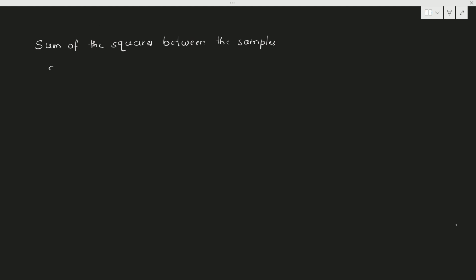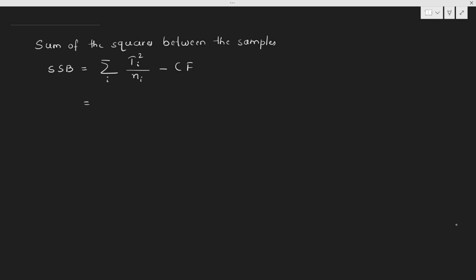That is, SSB is equal to summation over i of Ti square divided by Ni, minus CF. Summation of Ti square by Ni is the sum of all T squares, from the first table, last column, last values: T1 square divided by the total number of terms, which are 6.